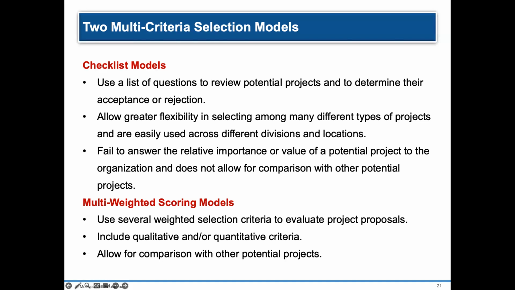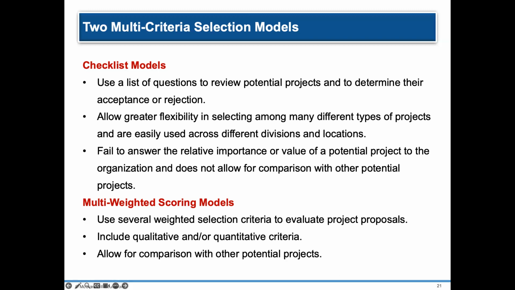So, it's still good to actually check for both the financial criteria and other aspects when you select a project. Another model that's being used to select a project is a multi-weighted selection criteria. So, may scoring sheet tayo dito.